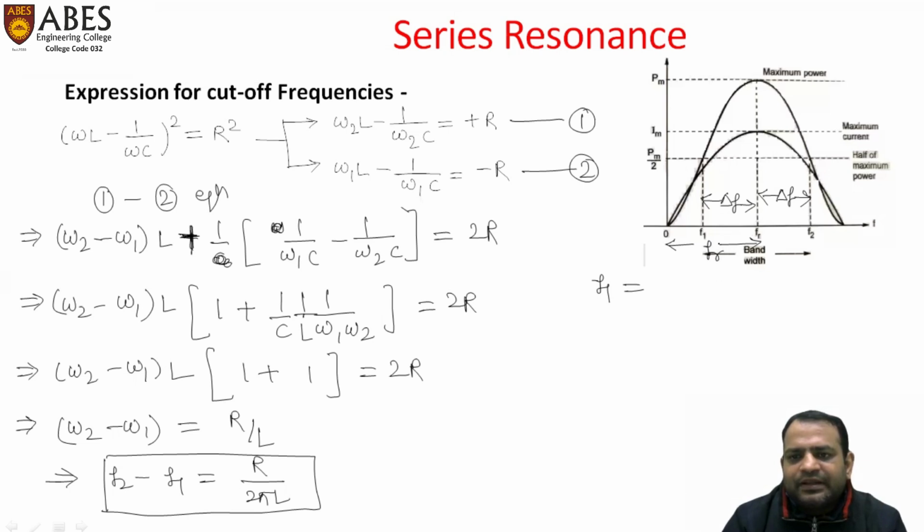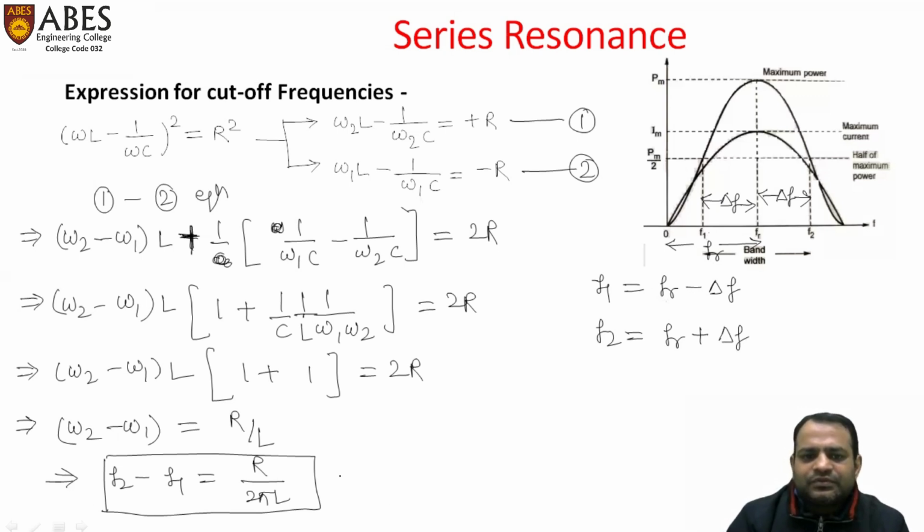If we are subtracting delta F from FR, we are getting F1. So F1 is FR minus delta F. Similarly, what is F2? F2 is FR plus delta F. So this is our F2 minus F1, delta F.